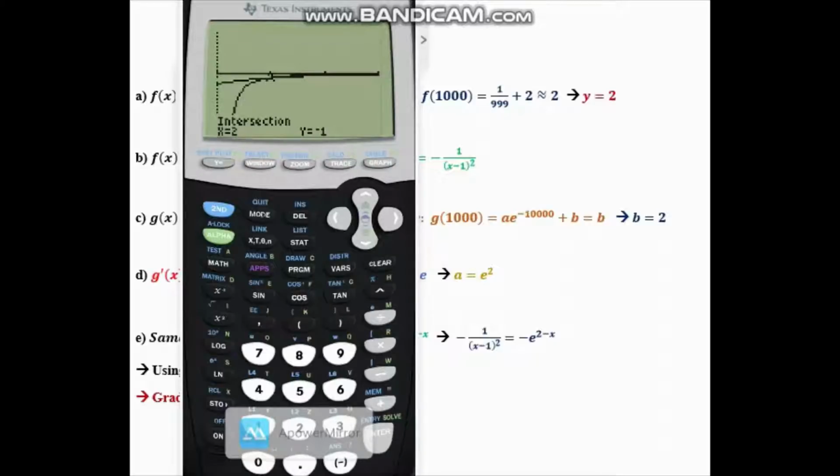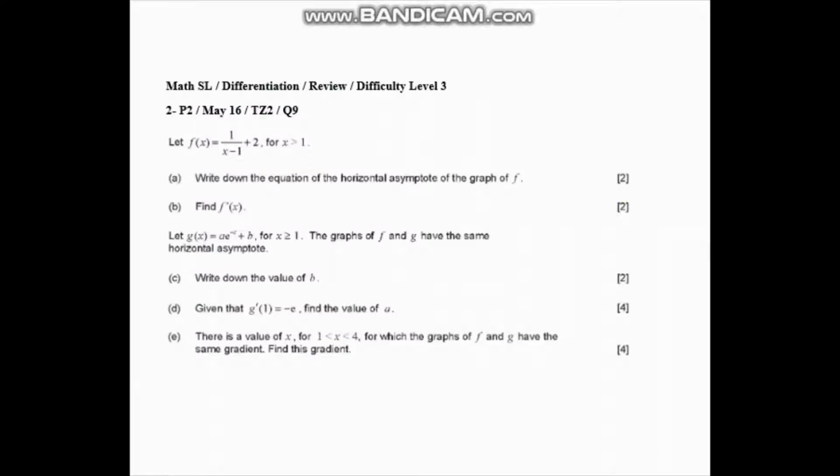So we know that there is a point where x equals 2 and where y dash equals negative 1. So since the question requires us to find this gradient, we are actually looking for the y dash, and from our graph we know that the y dash equals negative 1. So this is our answer.